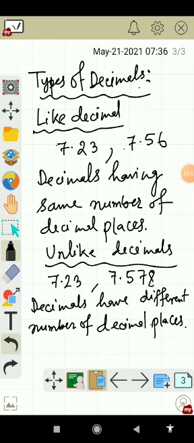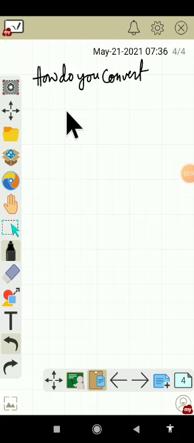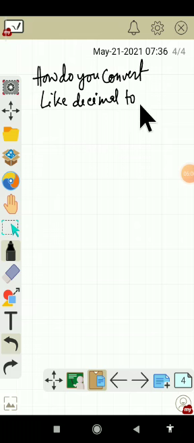And next we will see one important result: how to convert unlike decimals to like decimals.